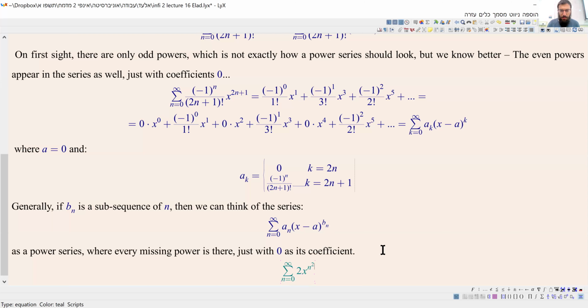So you can write it down as 2x to the power of 0 plus 2x to the power of 1 plus 2x to the power of 4 plus, and so on, 2x to the power of 9 and so on. And it is actually a power series because we can add every missing power with 0 as its coefficient, right?